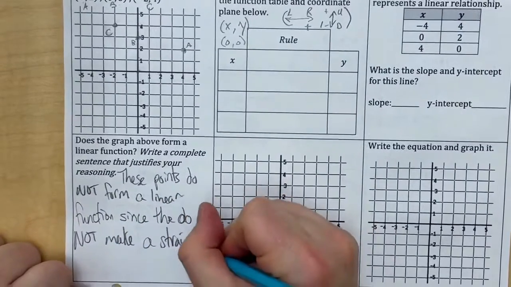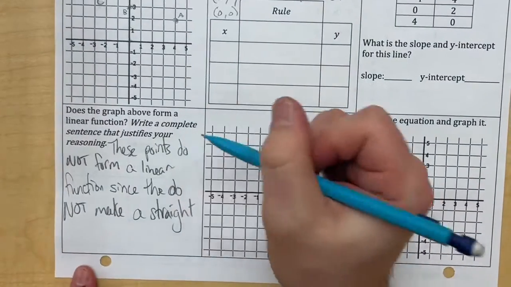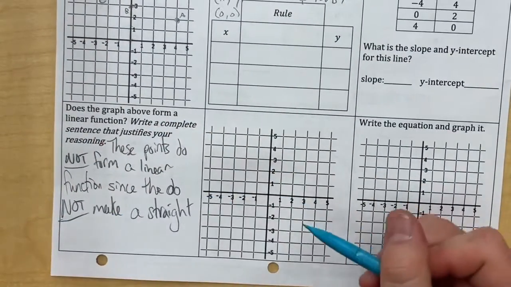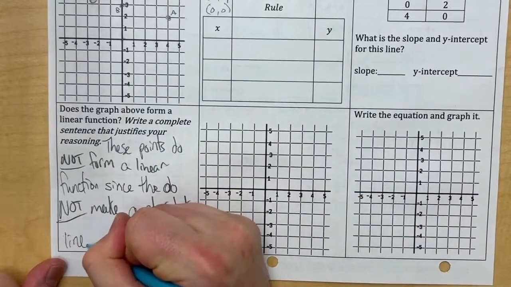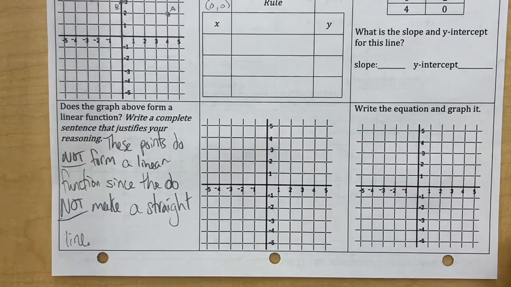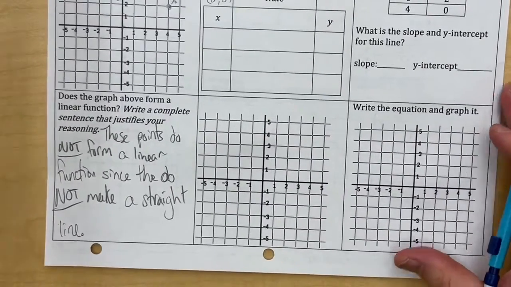Real simple, always make sure that if you're talking about a linear function, it has to be a straight line. So in this case, we could say it does not make a straight line, therefore it's not a linear function. Again, always back up your statements with solid facts.